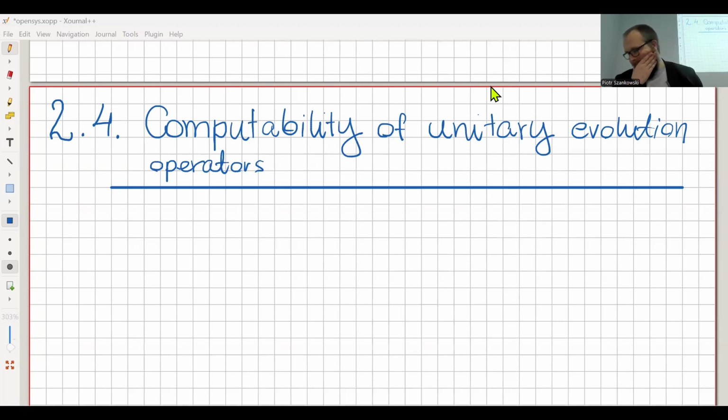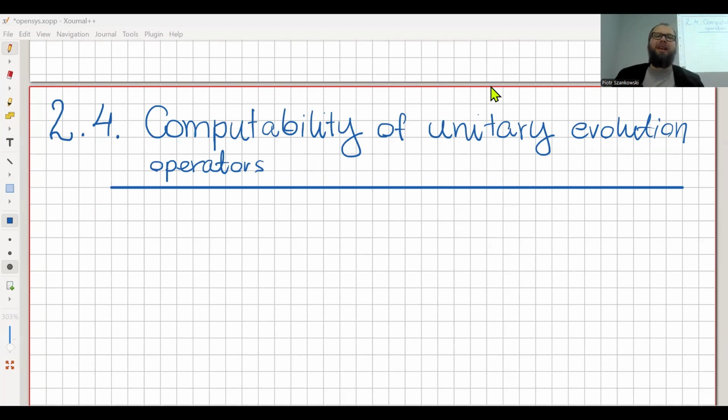So I kind of said what I wanted to say about time ordering and unitary evolution operators, except for one more thing, something I'm calling computability of unitary evolution operators, because we analyzed some math, right?